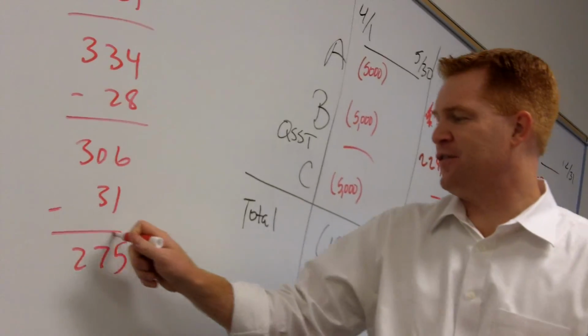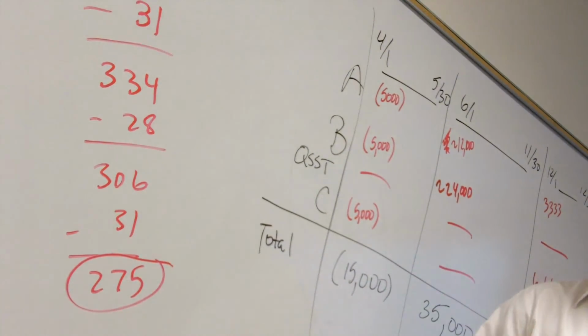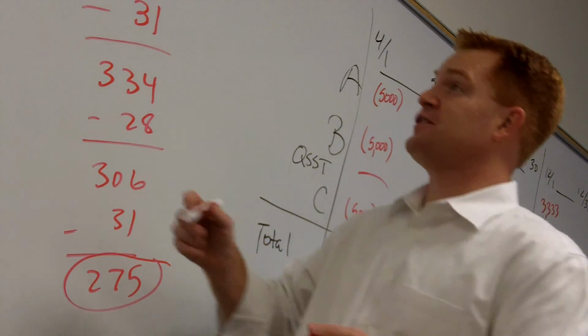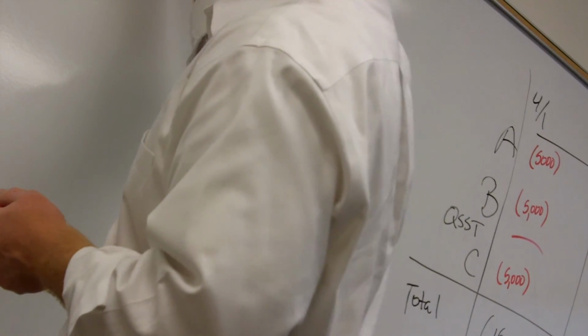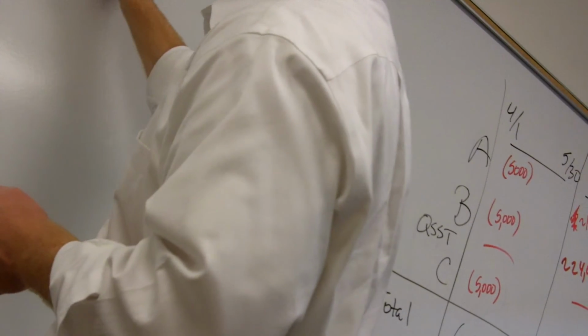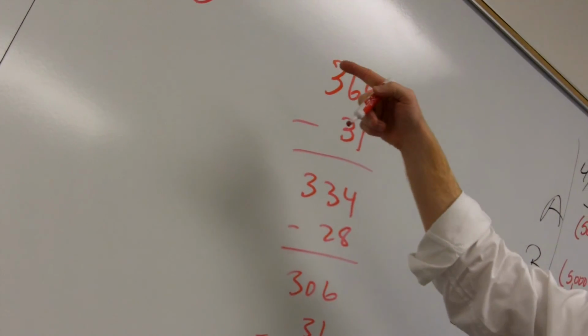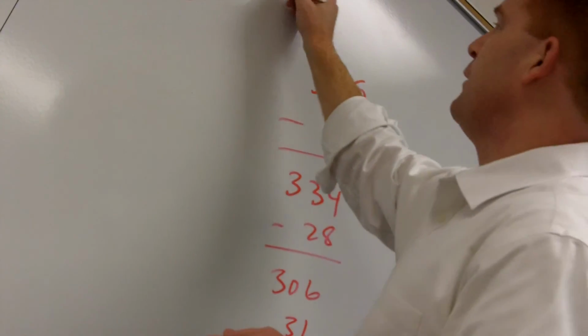So there's 275 days, I think. So we could take the 30,000 divided by 275. That's our amount per day.